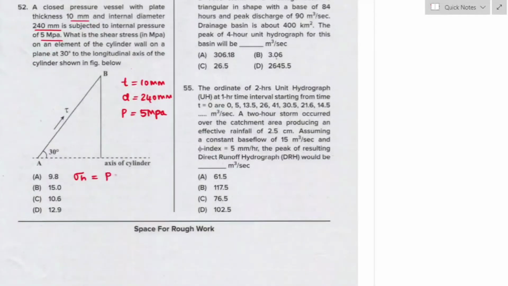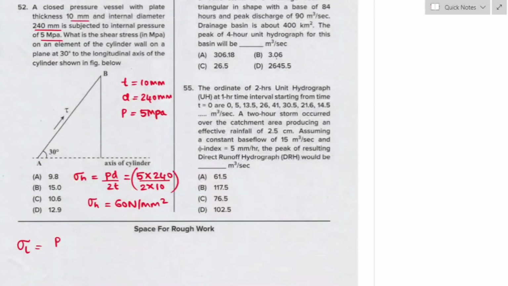We know that hoop stress is given by PD by 2T. P is the pressure intensity 5 MPa, D is the diameter of the cylinder 240 mm, T is the thickness of the cylinder. So hoop stress will be 60 Newton per mm square.